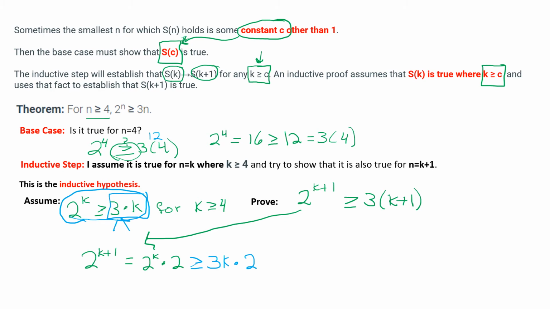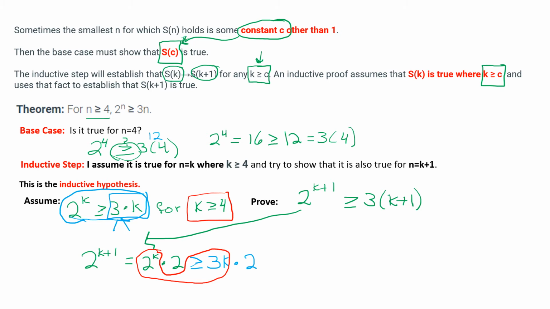So the 2 to the k is greater than or equal to the 3k. So see that? I'm just doing that to show what's in the red is what we knew to be true. So 2 to the k times 2 is greater than or equal to 3k times 2, right? Again, we're assuming that that's true for any k greater than or equal to 4.